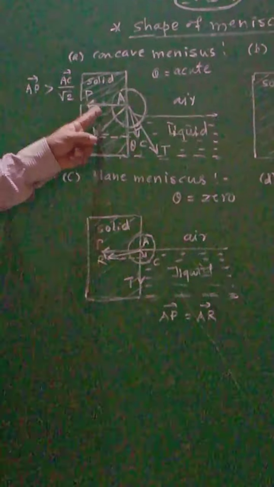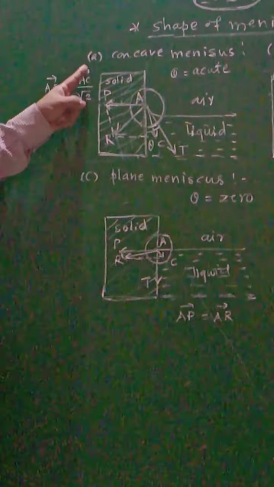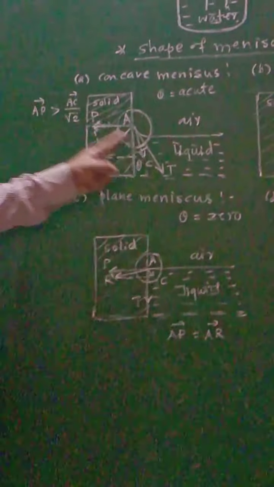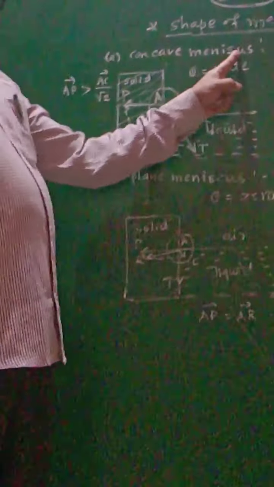So for this concave meniscus, vector AP will be greater than vector AC upon root 2. That is, vector AP, the adhesive force, will be greater than the cohesive force upon root 2, so that a concave meniscus will be obtained here.